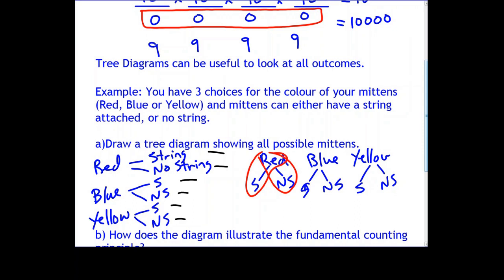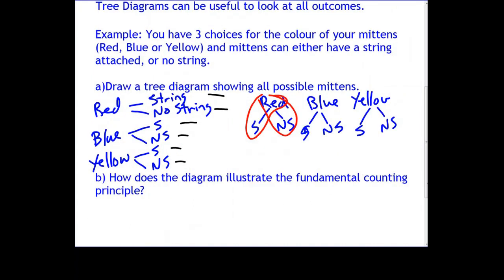The question here says, how does the diagram illustrate the fundamental counting principle? Well, there were three choices for the color, and for each of those 3 choices, there were 2 choices for the string, either a string or no string. 3 choices for color, 2 choices for string. We need to have a color and either string or no string.